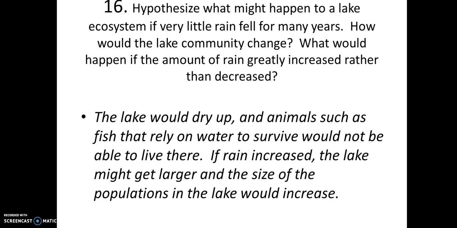If rain increased, the lake might get larger, and the size of the populations in the lake would also increase. So, a lot of rain would increase the carrying capacity of the lake by increasing the size. If there's not a lot of rain, that would decrease the carrying capacity.